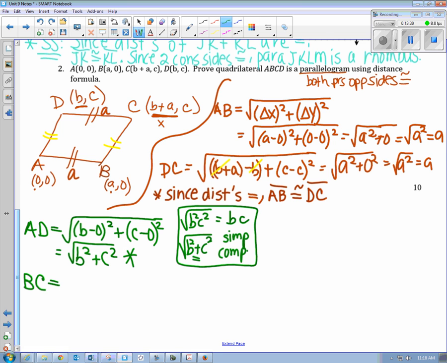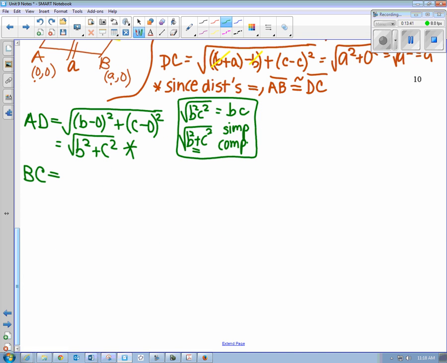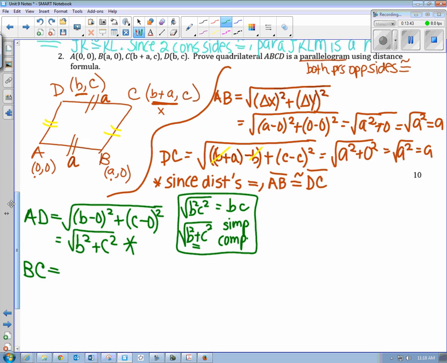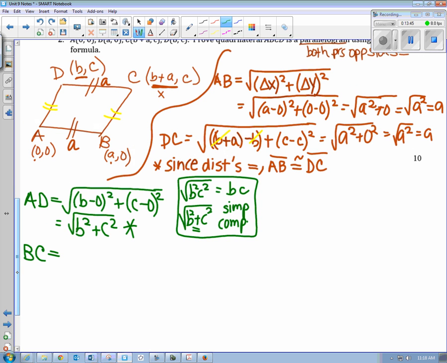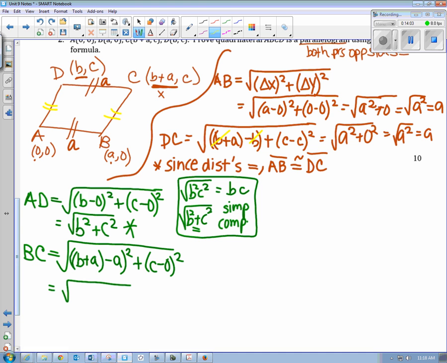We do know, though, that if that's what the length of AD turns out to be, then BC better turn out to be the same thing. So I'm going to calculate the length of BC. When I subtract the x values, I have b plus a minus a, squared, and c minus 0, squared, which gives me, and again, I can simplify here.